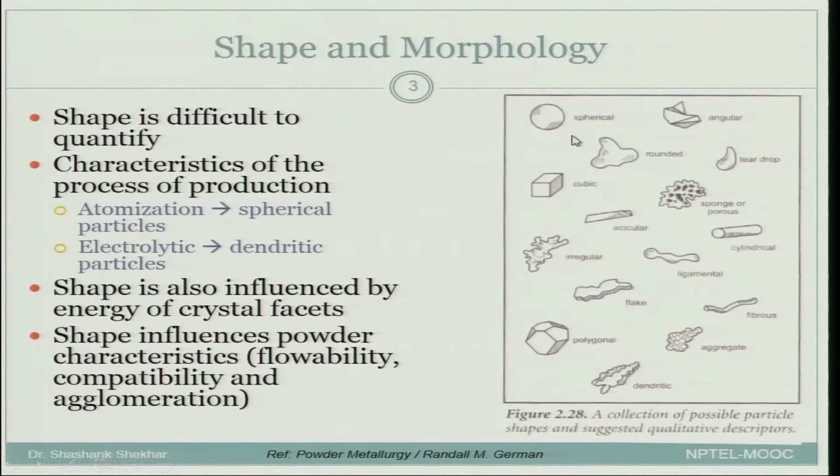So even though the average diameter defining a powder of spherical shape may be the same as that for, say, a spongy or dendritic kind of powder, their flowability, compactability, how much you can compact, and agglomeration characteristics can vary widely. So you have to understand that there is always going to be some inherent variation in the shape and morphology.